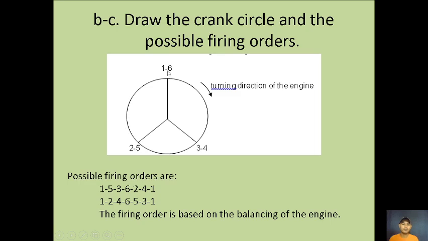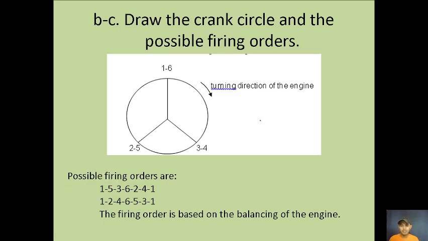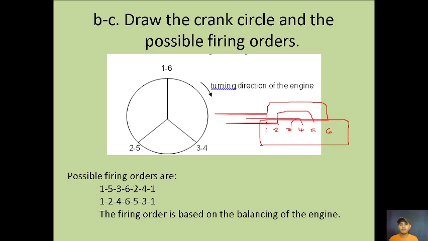Since it's not stated, let's write an engine with 1, 2, 3, 4, 5, 6 cylinders. The two cylinders on opposite sides are called running mates. 1 and 6 are running mates, 2 and 5 are running mates, and 3 and 4 are running mates.